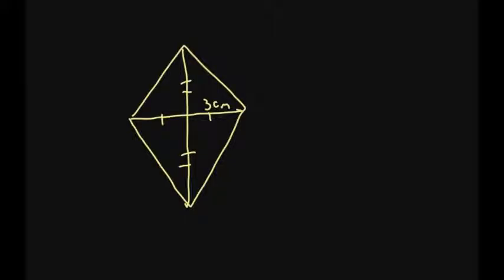Alright, so now I'm going to do a rhombus, and I know this is a rhombus because my diagonals bisect each other, and then the two sides are congruent.